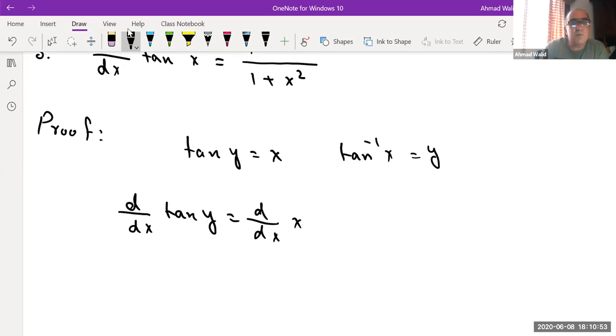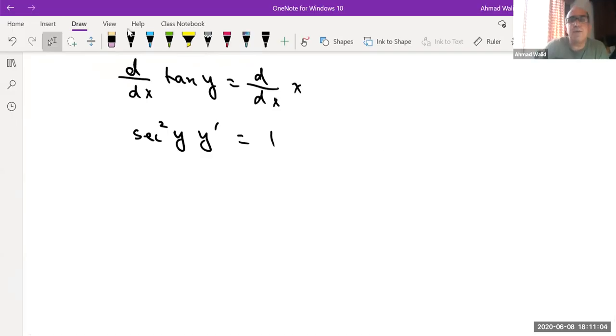d/dx of tan y gives you secant squared y times y prime equals 1. Solve it for y prime. y prime equals 1 over secant squared y.